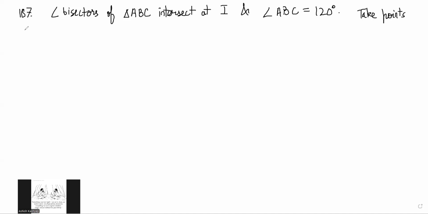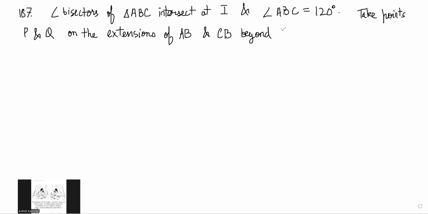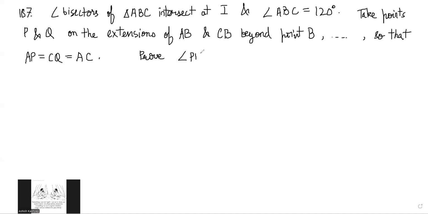Take points P and Q on the extensions of AB and CB beyond point B, respectively, so that AP is equal to CQ is equal to AC. Prove that angle PIQ is 90 degrees.